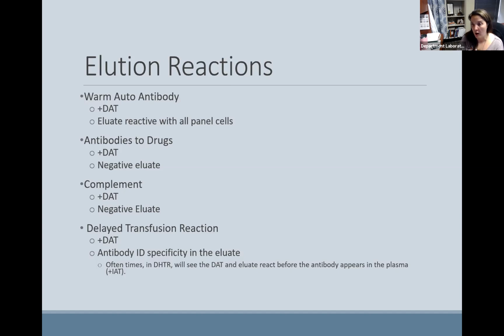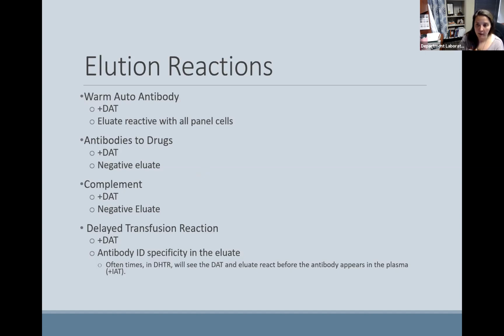It will react with all of your panel cells. If you have antibodies to drugs, such as what we talked about in penicillin or hydroxychloroquine, you're going to have a positive DAT, but your eluate is going to be negative because our panel cells cannot detect the drug. All right, that's why our eluate will be negative.